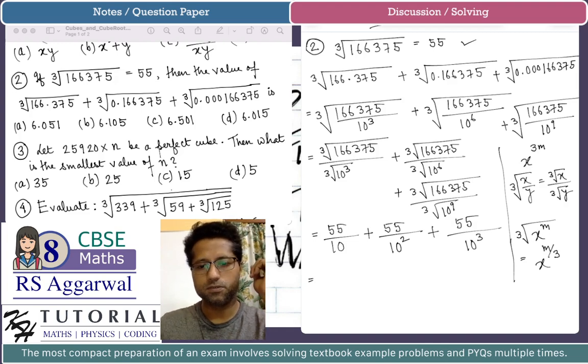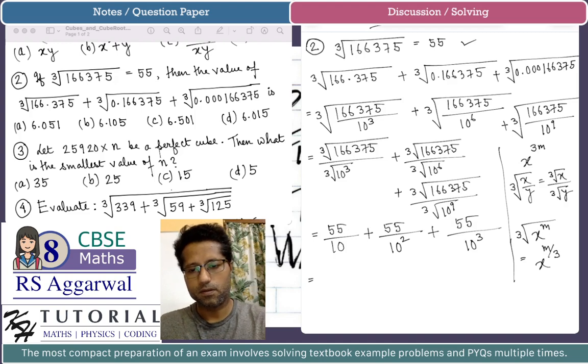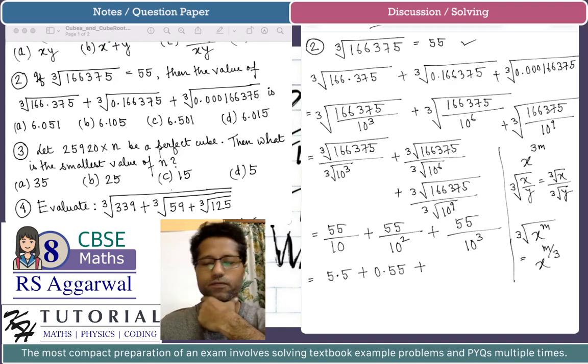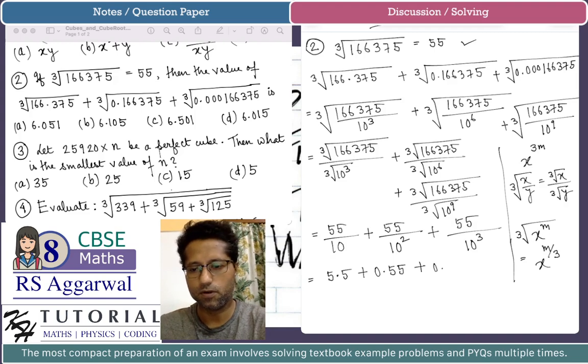So this becomes 55 by 10 is 5.5, and 55 by 10 square, that is 55 by 100, is 0.55, and 55 by 10 cube is 55 by 1000, which is 0.055.